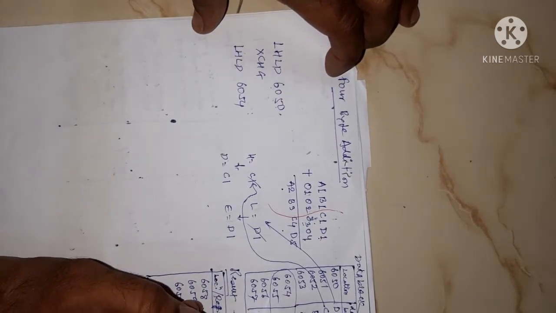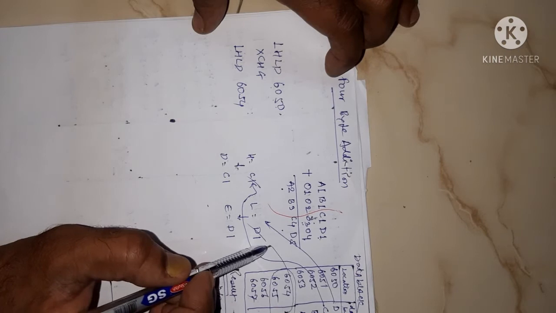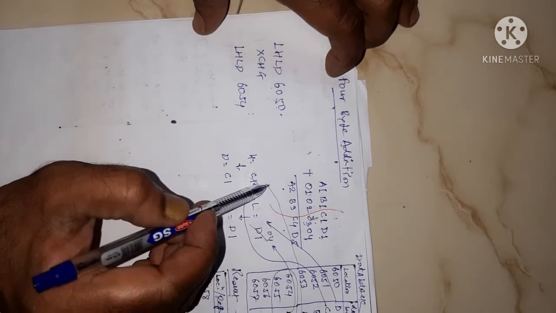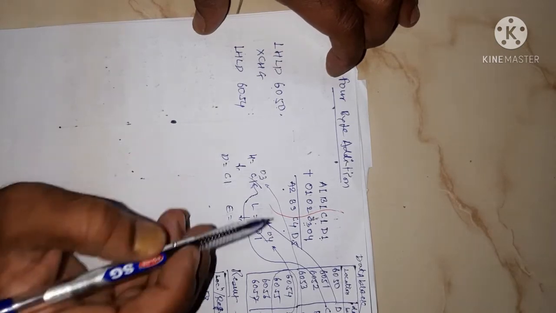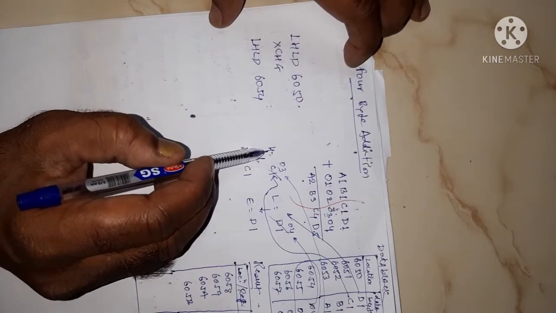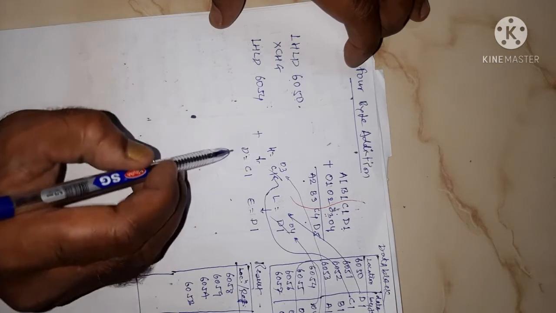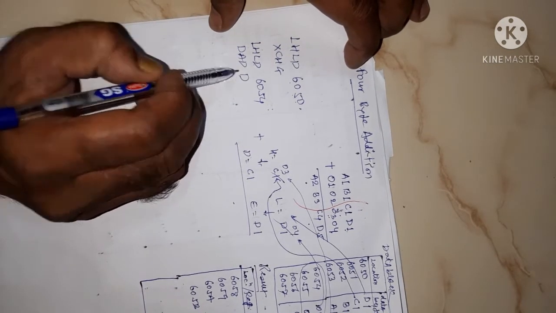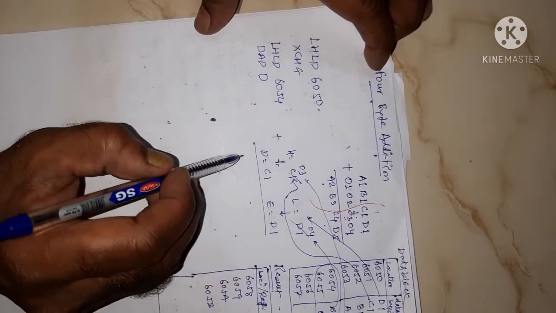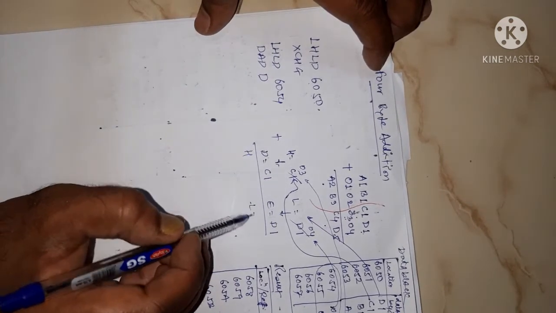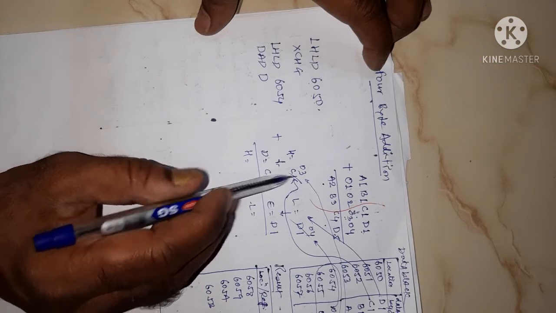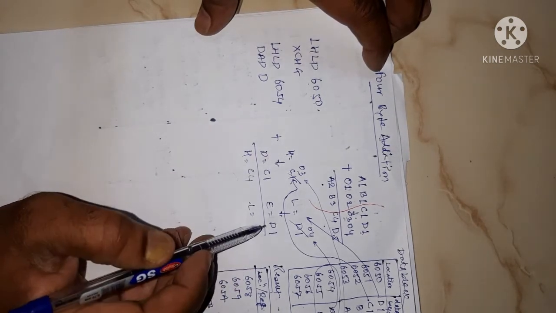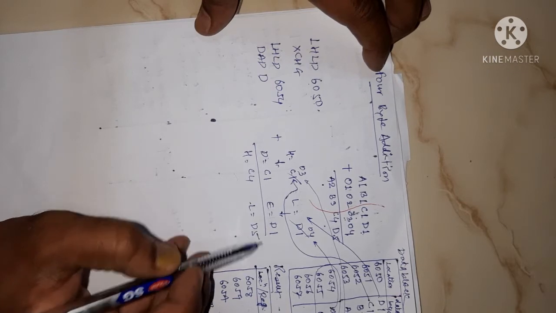We can load this 04 in L and the 03 in H. After getting contents in the HL and DE pair, these can be added with the instruction DAD, double addition of HL and DE pair, to get the output in the HL pair, and that is nothing but C1 plus 03, that is C4, and this 04 plus D1 is nothing but D5.